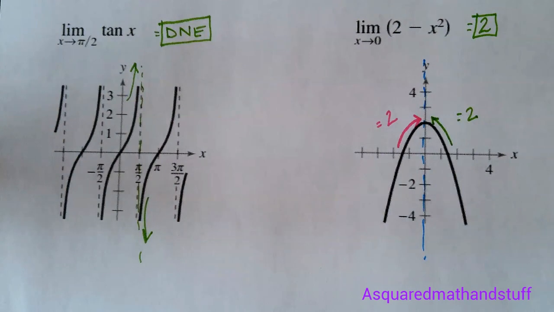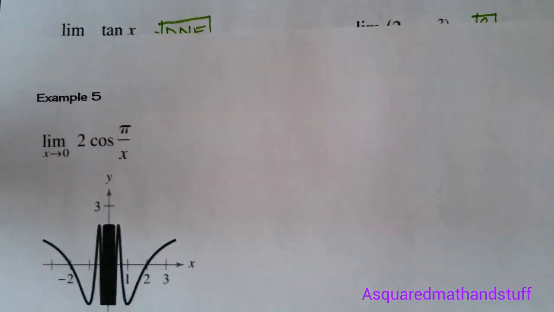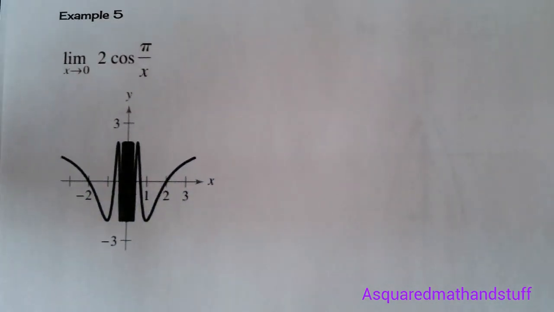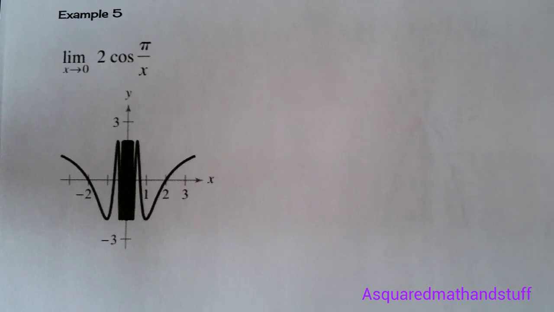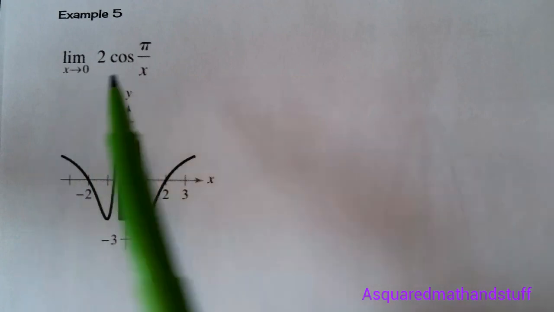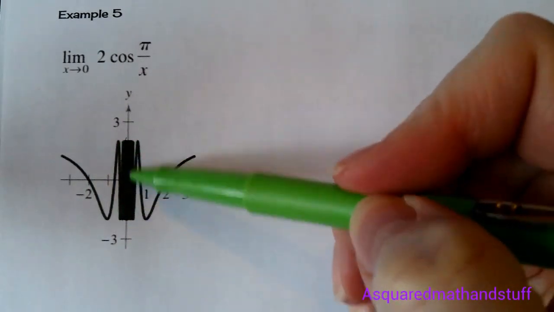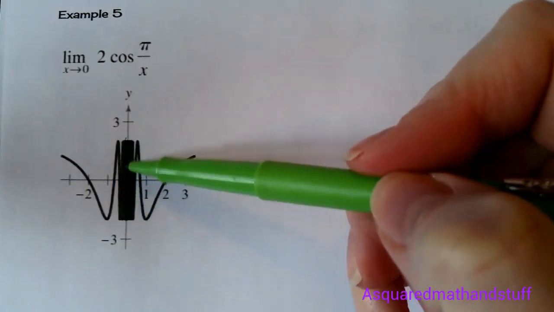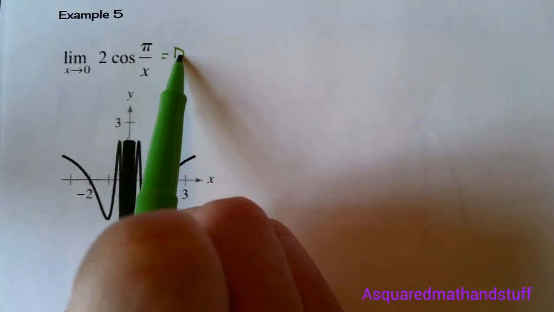Very last example I have for you is an oscillation. So we are looking at 2 cosine of pi over x, limit as x approaches 0. At 0, we have this serious oscillation going on, so this is a does not exist.